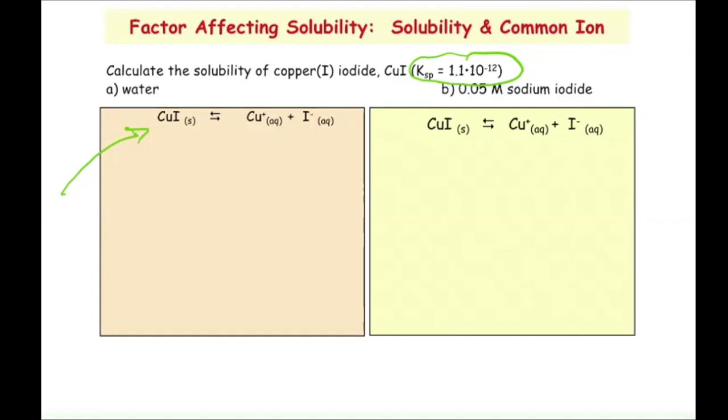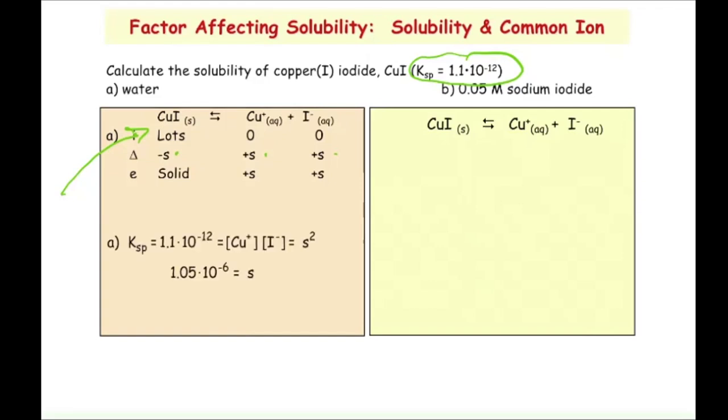So this problem is pretty straightforward to solve because you know that from the ICE table, you're going to have a solid going to solution. So that's minus S that you see here, plus S, plus S. And what we have is the equilibrium equation. This is fairly easy just because one solid breaks up into two ions, so it's just S times S. If it breaks up into four ions, and you'll see an example of that later on, how does it break up into four ions?